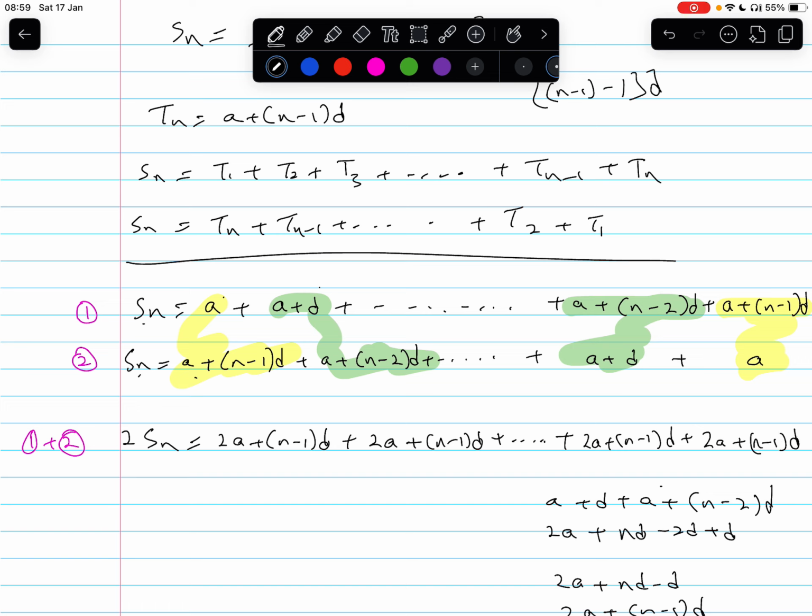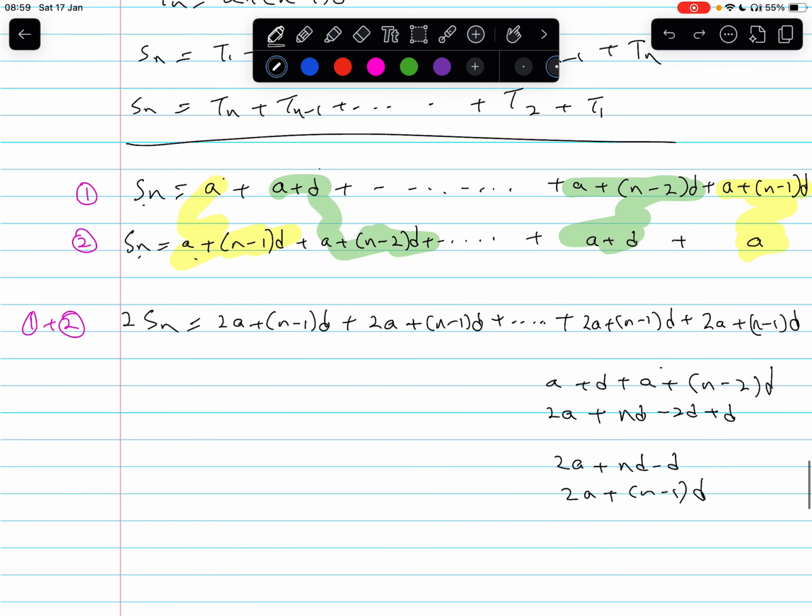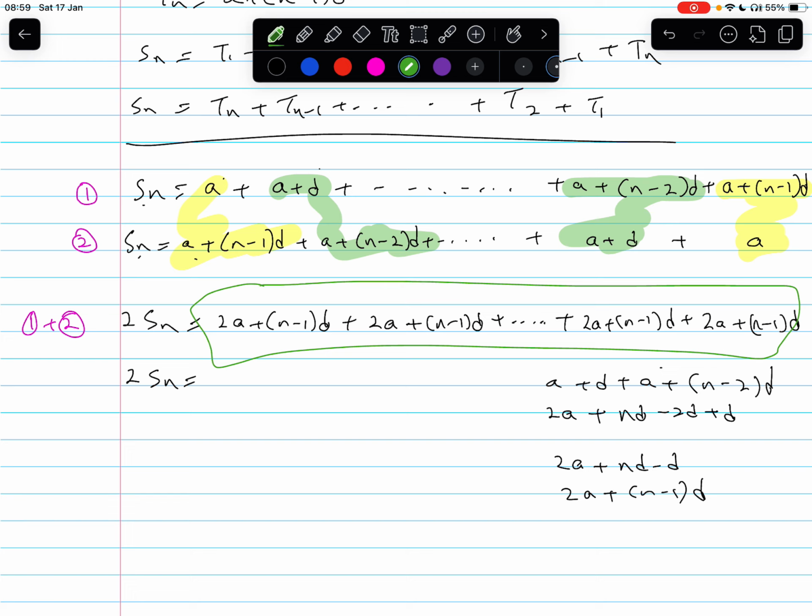Right? So everything in between here, all the terms, when we add them together, we'll get the same result. So we'll simplify this to what? 2Sn equals, how many terms in total are we adding here? We are adding n terms, and all of them have this value.